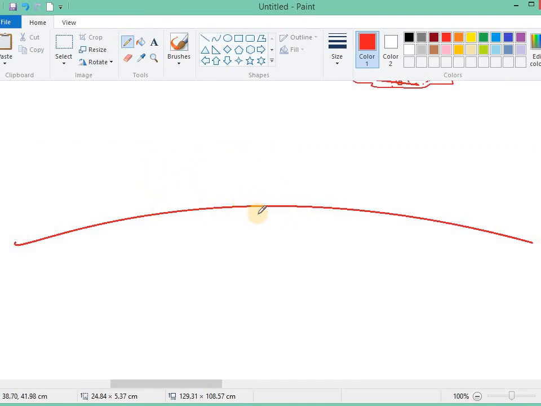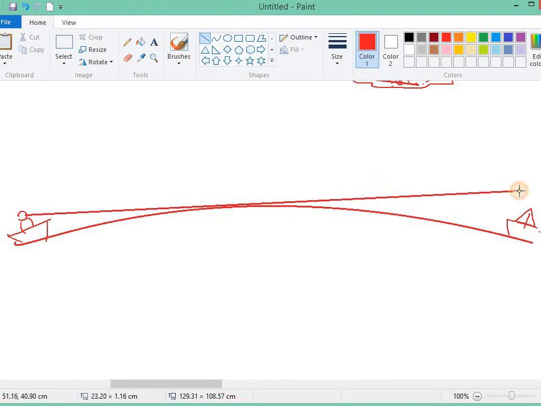So that means if you are sitting in a boat here, and on the opposite side here there is a boat, you cannot see the boat, because the boat is blocked by the curvature of the earth. This is your line of sight. You cannot see the boat here.